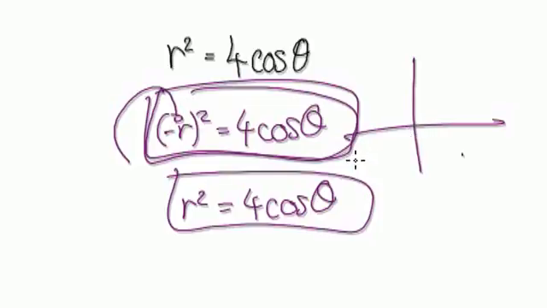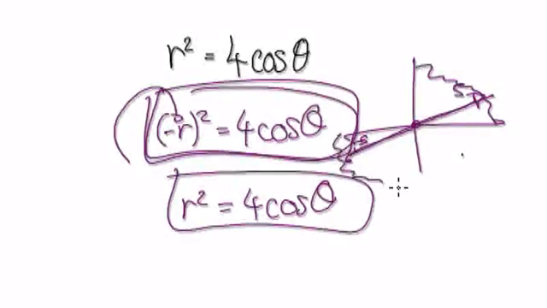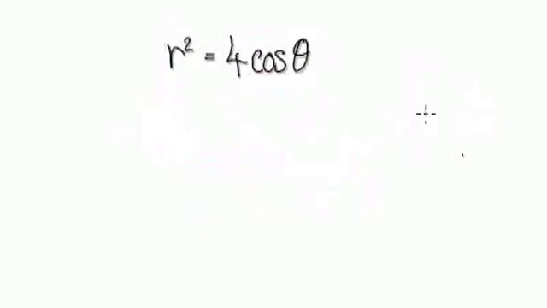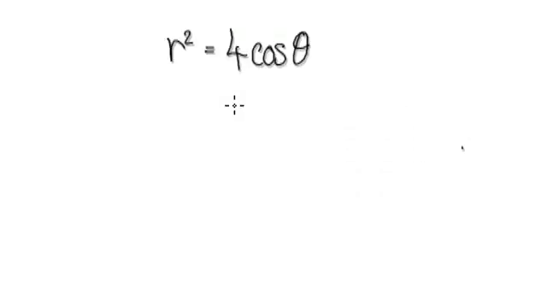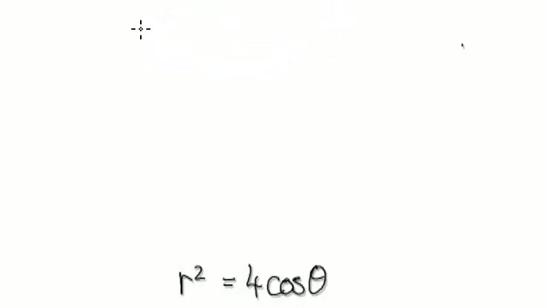Remember, symmetrical along the origin means this. Let's say the radius is 5, then it's negative 5. So being symmetrical along the origin means anything along here will be exactly the same over here. So looking at this, you should be able to spot that it's symmetrical along the x-axis and symmetrical along the origin.